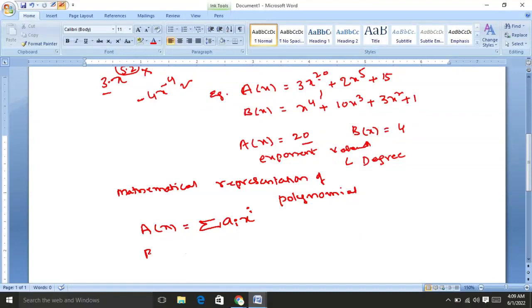Similarly, I consider the second polynomial Bx also the same, sigma bi x to the power of i.